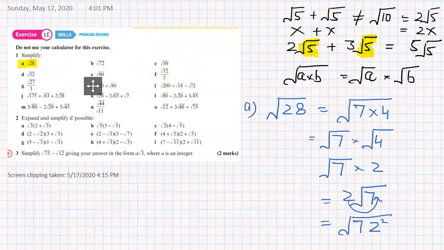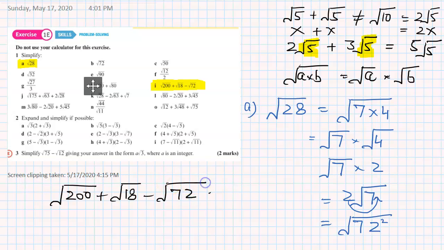Now do this part. Let's do this one. Root 200 plus root 18 minus root 72.